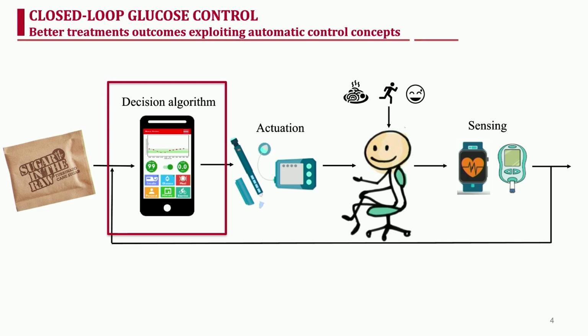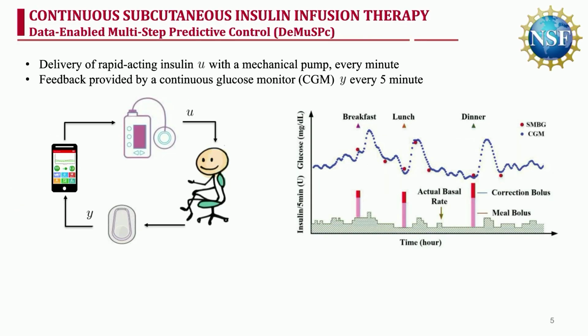In my lab, we are concerned with the design of this block here, the decision algorithm. In particular, we focus on what we call continuous subcutaneous insulin delivery, which is depicted in the cartoon here on the left. We have the patient sitting here. The patient is taking insulin subcutaneously, so infused in the subcutaneous tissue, with feedback measurements every 5 minutes taken by a continuous glucose monitor.